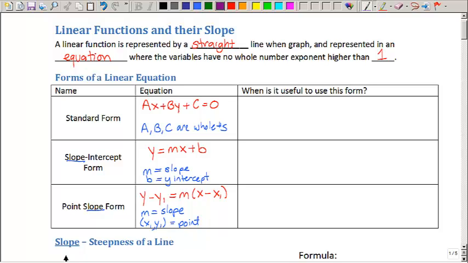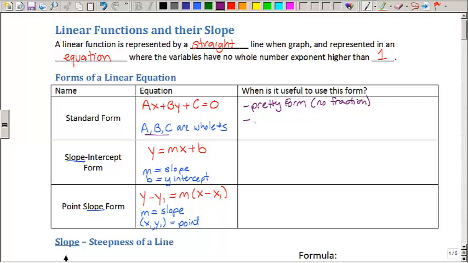Next, we'd like to know, when is it useful to use each of these forms? Well, standard form, again, I said was kind of like our pretty form. I said that was our pretty form because we have no fractions. No fractions because in the definition a, b, and c are whole numbers. Because it's a pretty form, it's not very useful for lots of things.